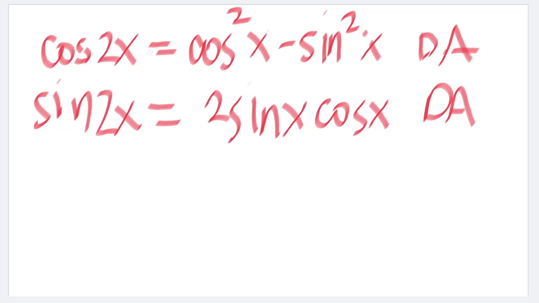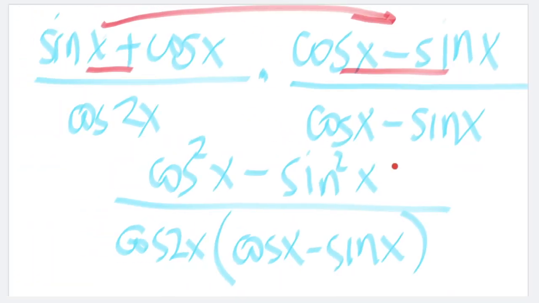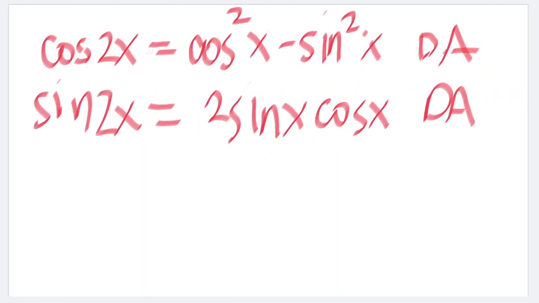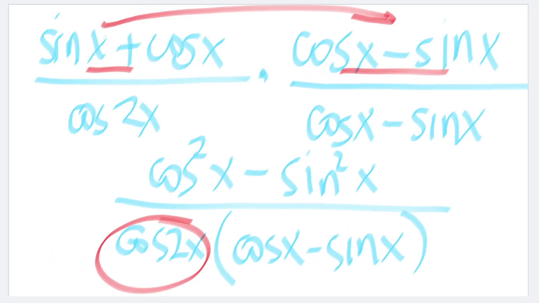So here, this one will become cosine squared x minus sin squared x. This is this form, this function, and the numerator.